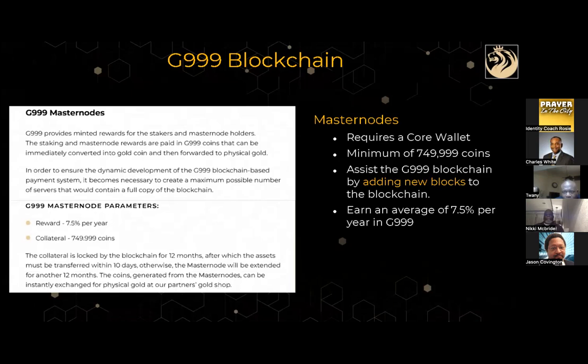And if you operate one, you are entitled to an average of 7.5% per year in G999 as you operate this masternode. And some people on this call have masternodes. I know Charles White has a masternode, maybe a couple. Probably want to ask him about that if you're interested in doing that sort of thing. But again, there are minimums to allow you to do this.